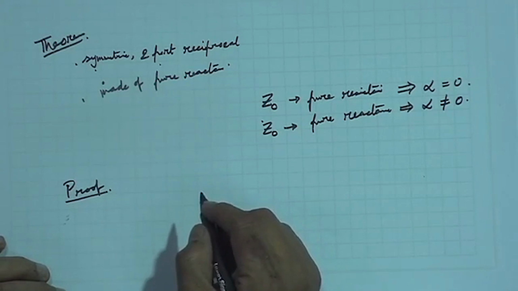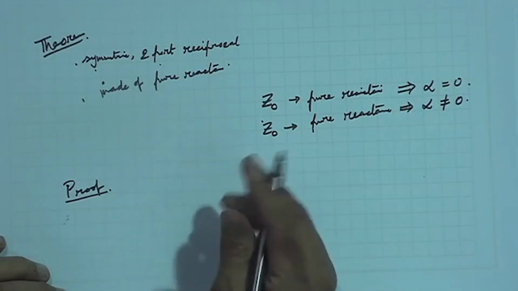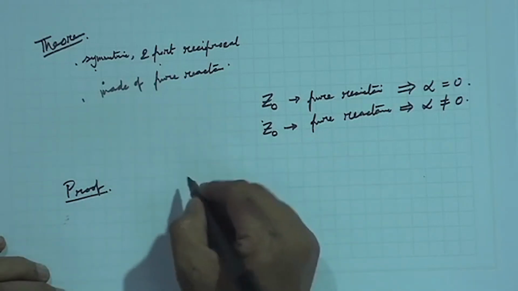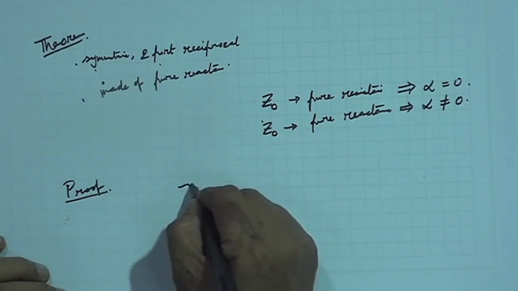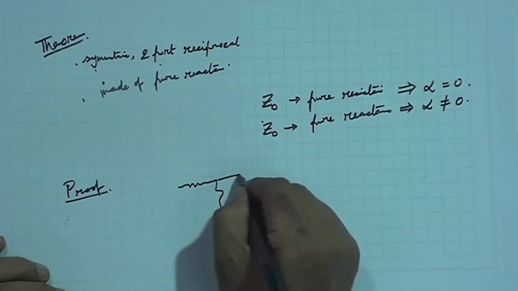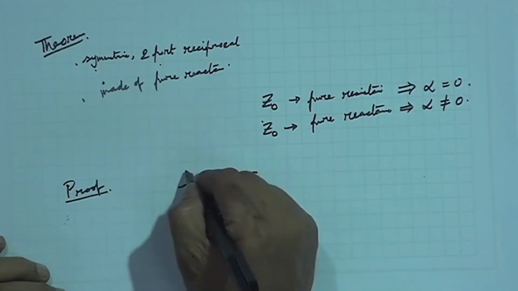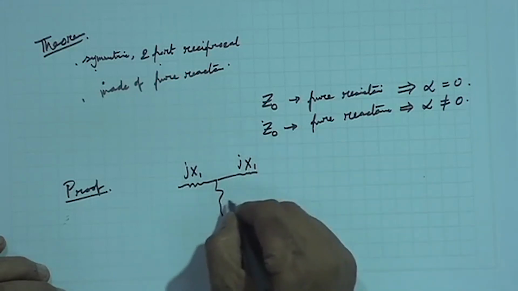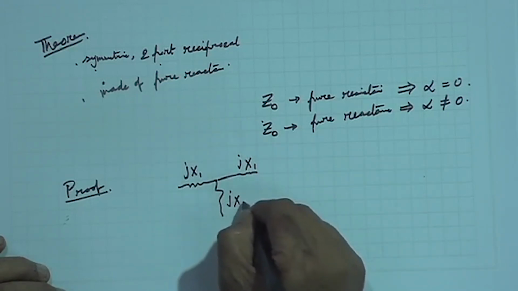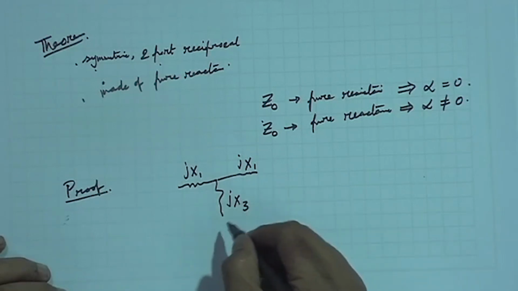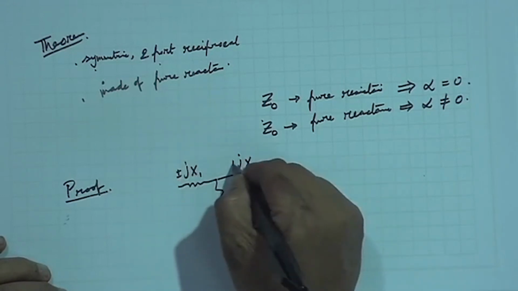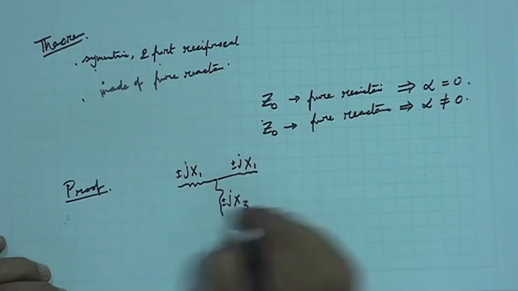Since the network is made of pure reactances, can I say that instead of Z1, Z2, Z3, they are jX1, and jX3, it is a symmetric network. Now, this may be plus or minus, whatever.